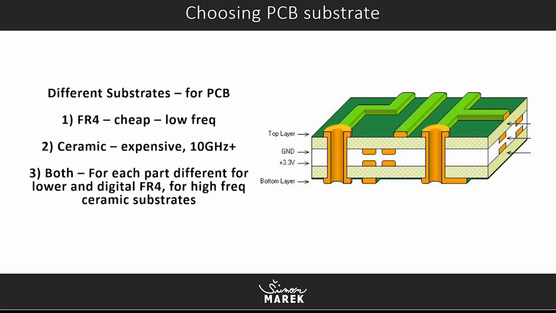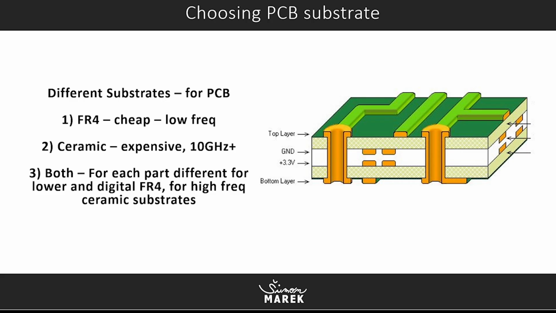Choosing the PCB substrate: there are different substrates for PCBs. FR4 is cheap and low frequency. This is mainly used for digital designs, so FR4 is quite good for digital designs.